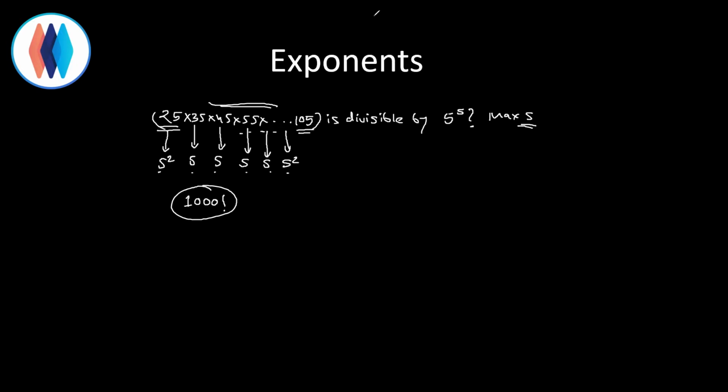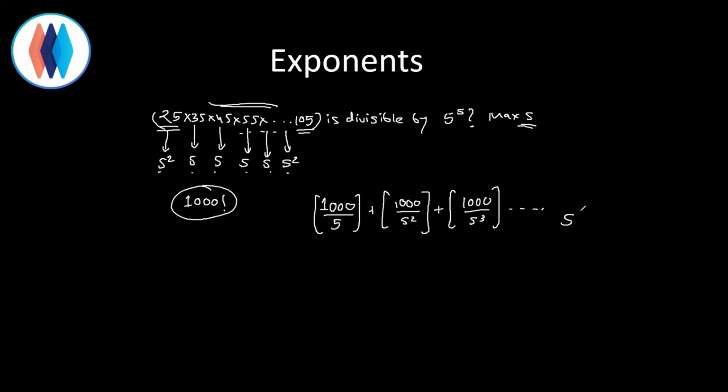For that we have a very simple formula. So what we do is 1,000 divided by 5, plus 1,000 divided by 5 squared, plus 1,000 divided by 5 cubed, and so on till 5 to the power of x is smaller than or equal to 1,000.